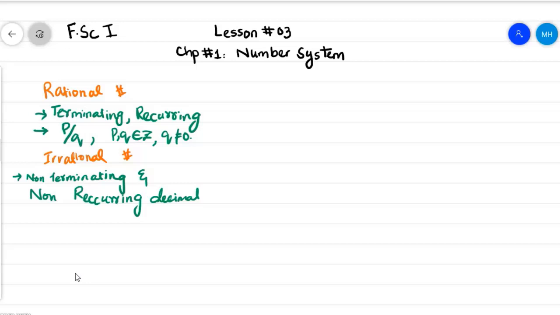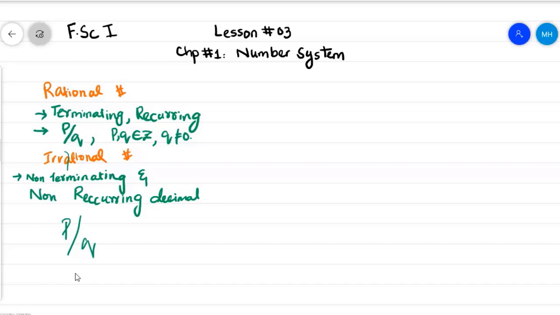There is another definition: a number which can be written in the form p by q, where p and q belong to the integers and q is not equal to 0, is rational. Similarly, numbers which cannot be written in the form p by q we call irrational numbers. So those are the definitions for rational and irrational numbers.